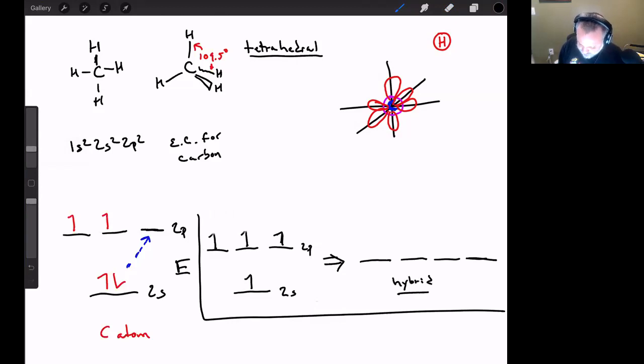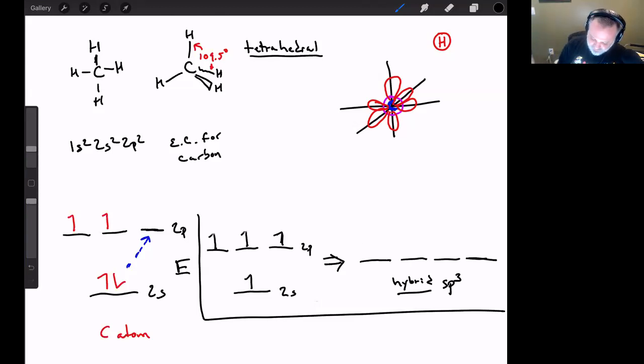Why are they hybrids? Well, it's a hybrid between an s orbital and a p orbital. We put an s orbital and 3 p orbitals together and we mix them up. And now they all are exactly the same. They're all hybrid orbitals, and we're just going to give them a new name. They're sp3 orbitals. And so what we did is we mixed them together, and we lowered the overall energy a little bit. They're in between the p and the s, but they're overall lower in energy.